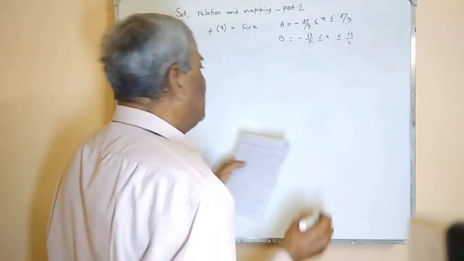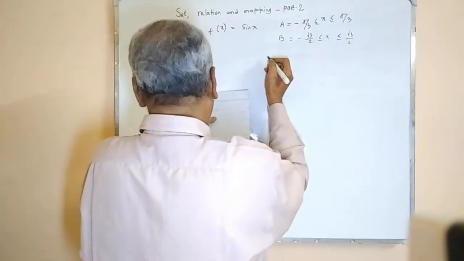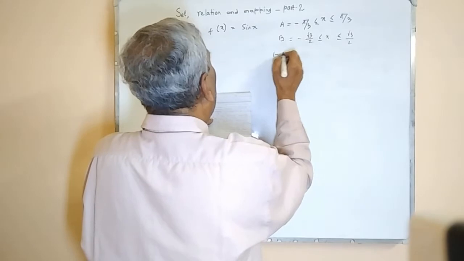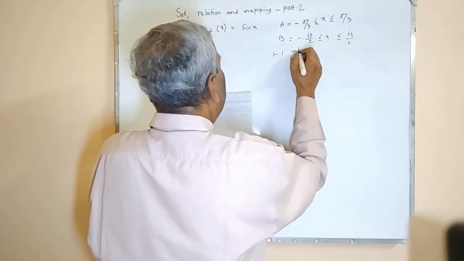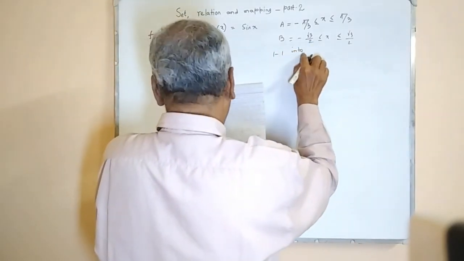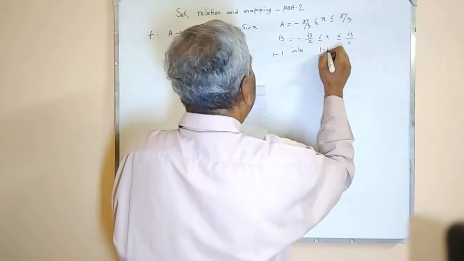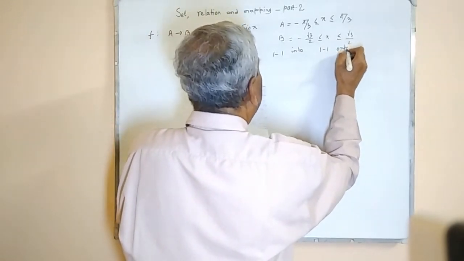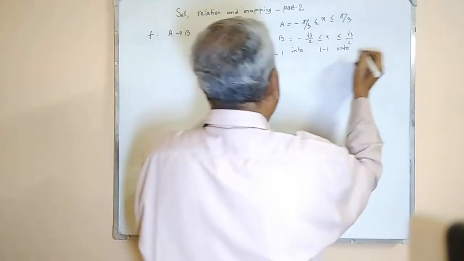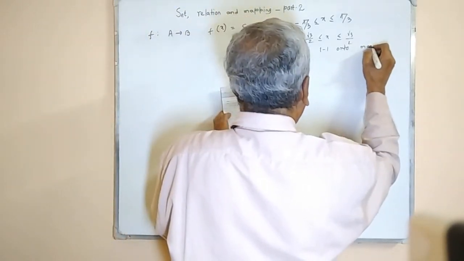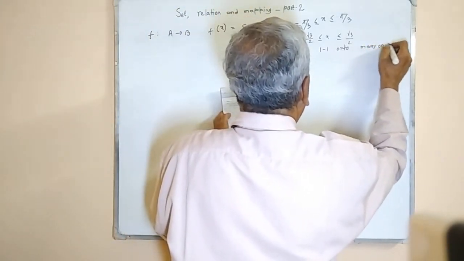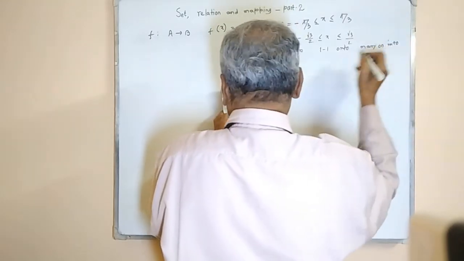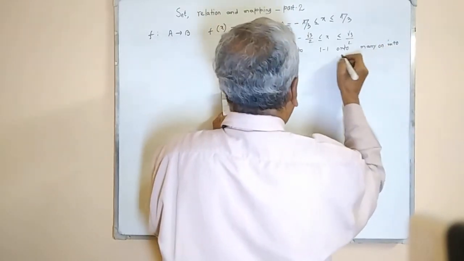the function is one-one onto, it is given one-one into, one-one and into, one-one and onto. Third option is many-one into. Fourth one is many-one onto.